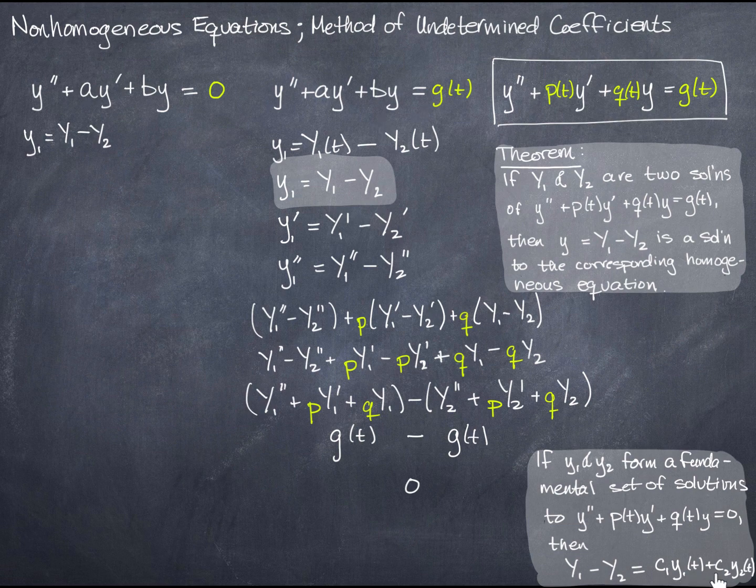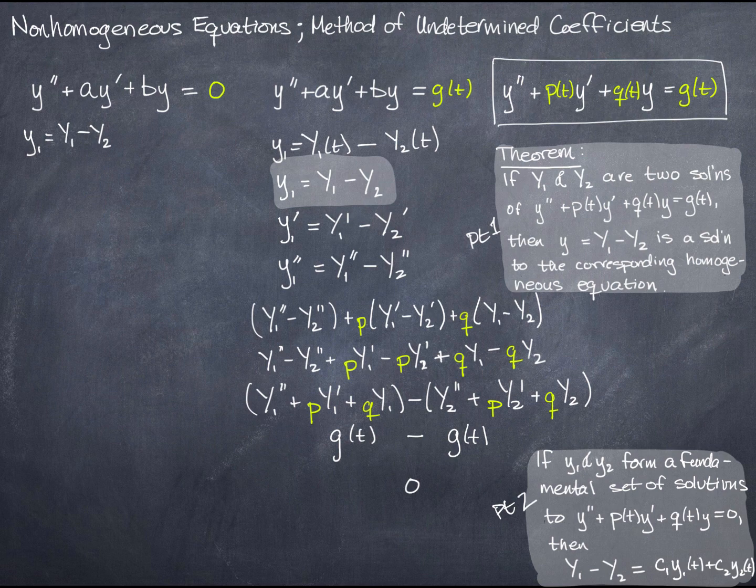But so far what I've got is the corresponding homogeneous equation. Once I have two solutions to the non-homogeneous equation, I also have all solutions to the homogeneous equation. That's pretty powerful stuff. These are part 1 and part 2 of the same theorem.